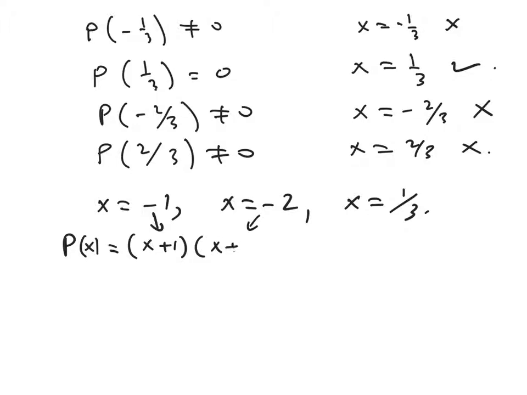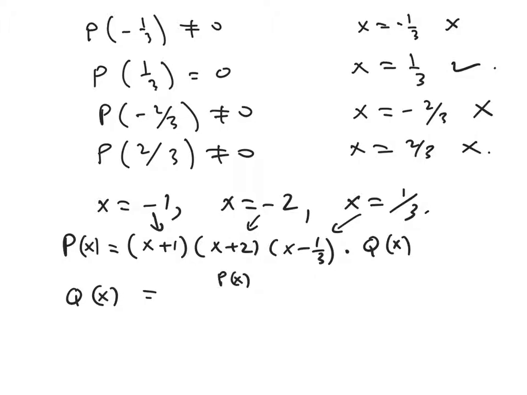This gives x plus 2, and this gives x minus 1 over 3, multiplied by some polynomial q of x. Now q of x can be found by dividing p of x by the terms x plus 1 times x plus 2 times x minus 1 over 3.